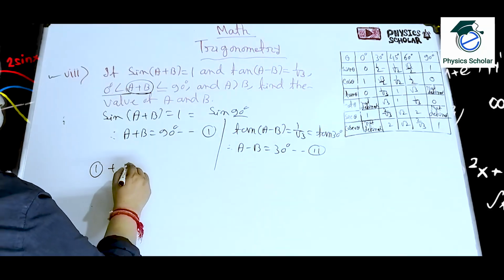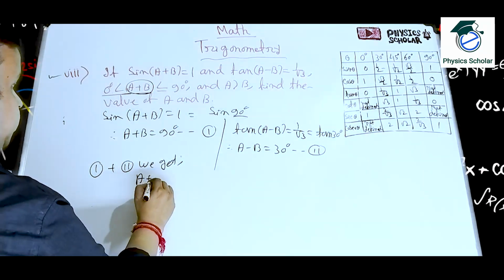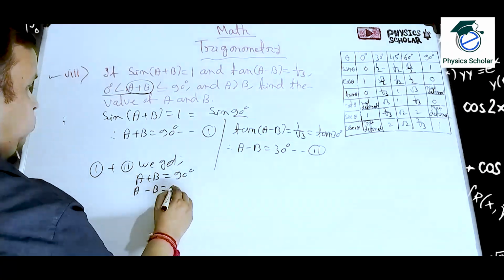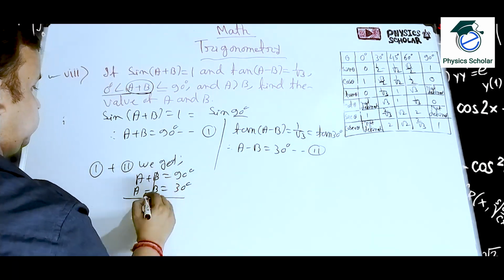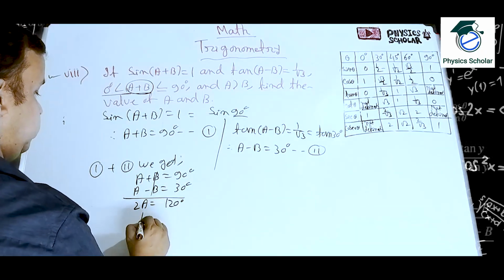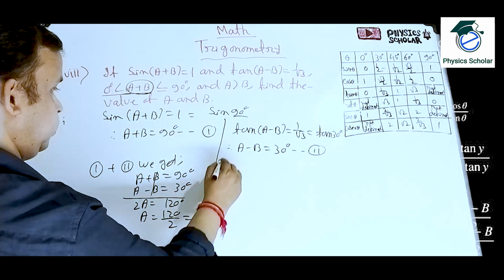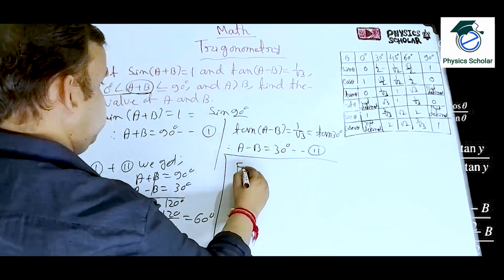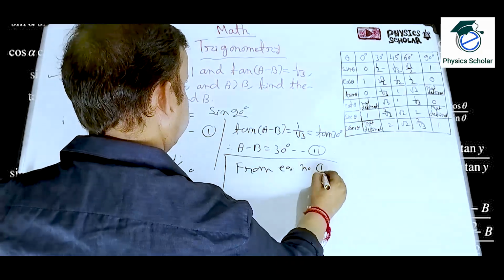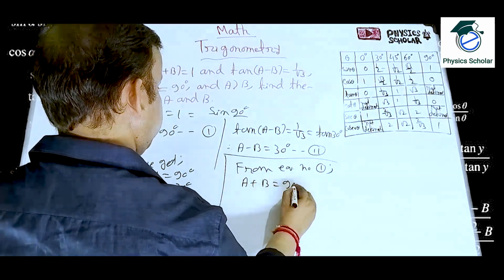So adding 1 and 2, we get: a plus b is equal to 90 degree and a minus b is equal to 30 degree. We are adding, so b will be cancelled. So twice a is equal to 120 degree. So a is equal to 120 by 2, which is 60 degree. Okay, from equation number 1, a plus b is equal to 90 degree.